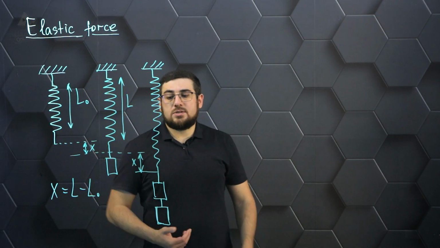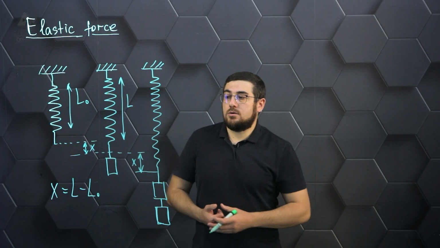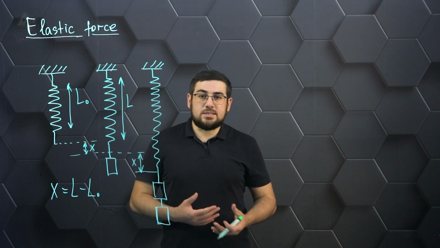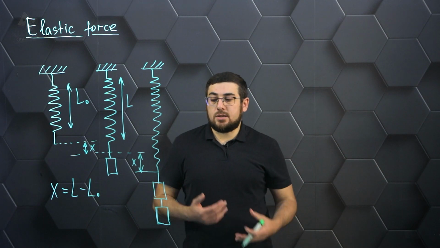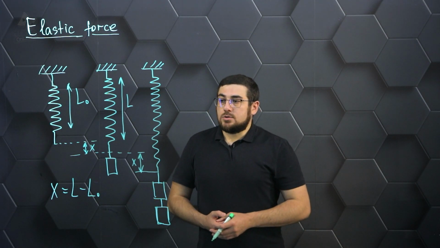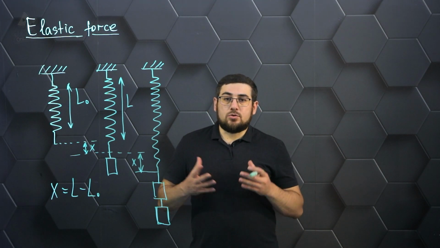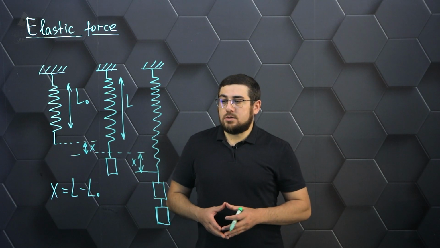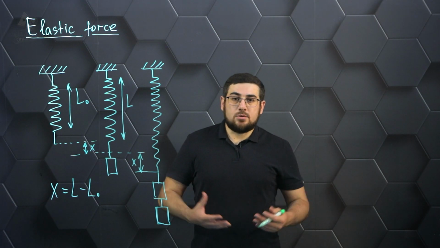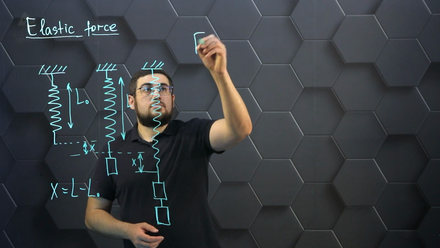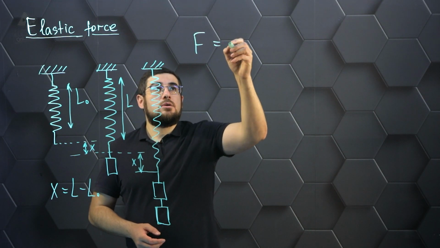This shows that the force that occurs in this spring depends on the applied force. That is, its length will grow in proportion to the applied force. Actually, this is the main law that describes elastic deformations. This law is called Hooke's law and can be mathematically described in this way. That is, the force of elasticity is directly proportional to the absolute deformation of this object.